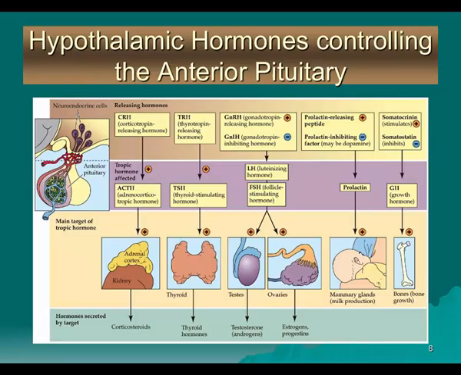The hypothalamus also releases hormones itself, sometimes called releasing hormones, that stimulate the release of another hormone, called a tropic hormone, from the anterior pituitary. Notice across the top of the diagram here, CRH, TRH, GnRH, etc. Each causes the release of another hormone from the pituitary. So CRH causes the release of ACTH, TRH causes the release of TSH.